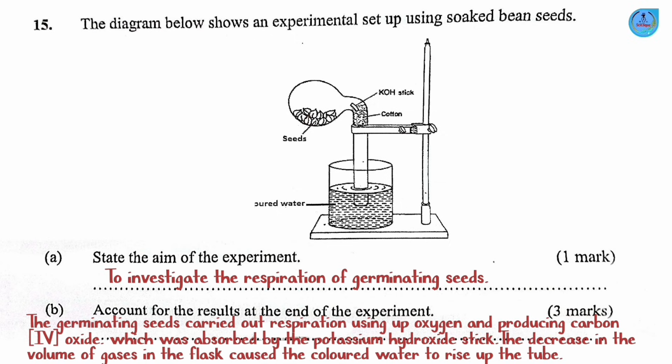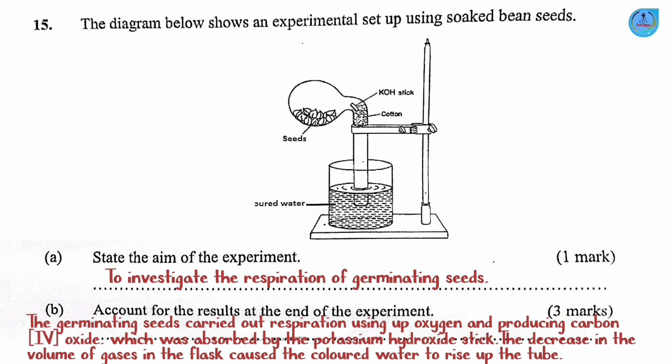Now, germinating seeds are metabolically active. So they are going to carry out cellular activities and therefore they need energy. This energy will be produced through aerobic respiration, where the seeds will take in oxygen from the surrounding and release carbon dioxide. They will use this oxygen in the process of aerobic respiration to break down their food substances to provide them with energy.